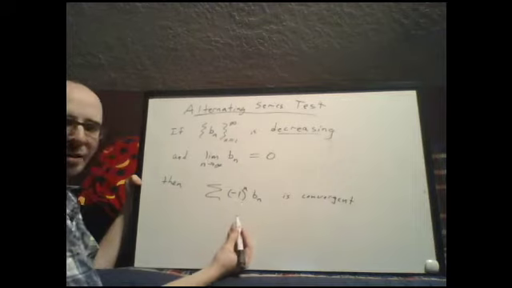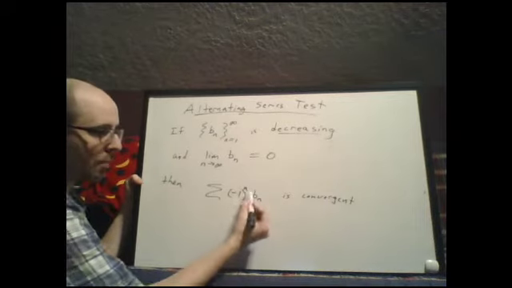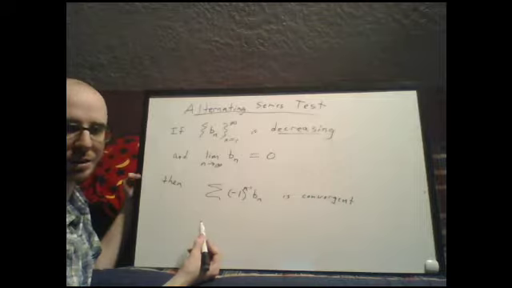And here when I write negative 1 to the n, there's nothing special about that. If I put n minus 1 as my exponent, it's still true.